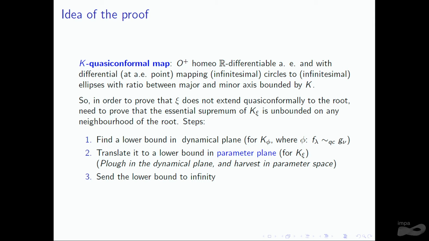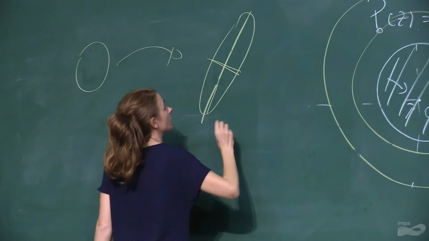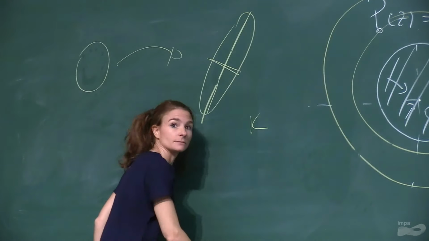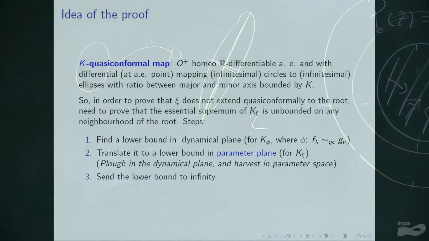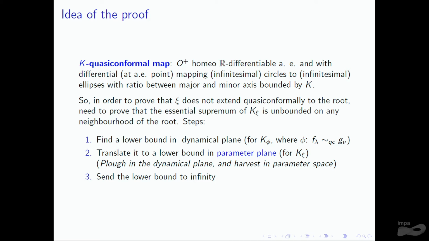And your map is K-quasi-conformal if the ratio between the major and the minor axis is bounded by K. If you want to prove that something is not quasi-conformal, you need to send the bounds of your dilatation to infinity.